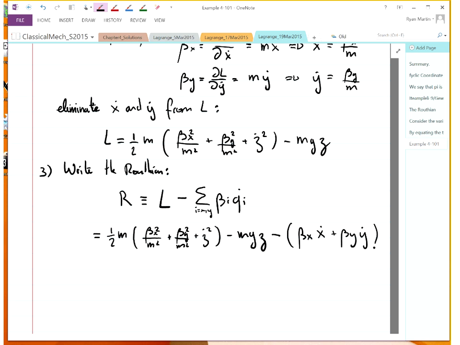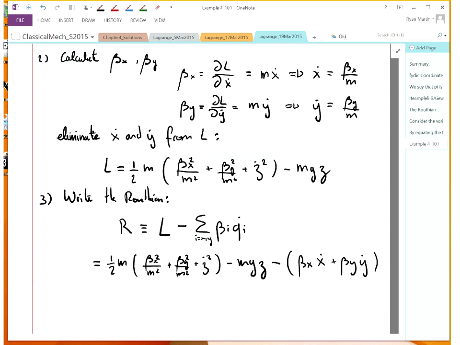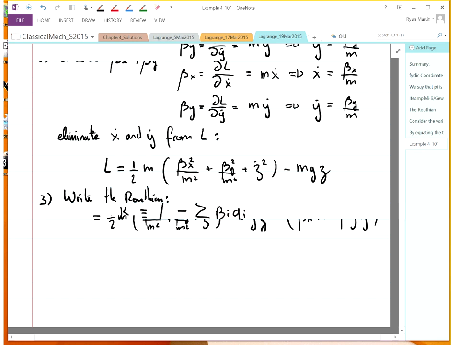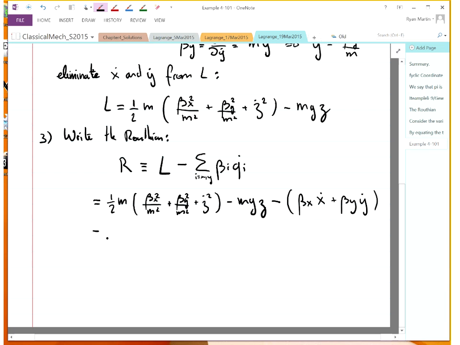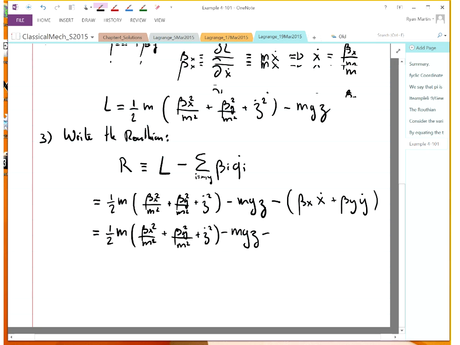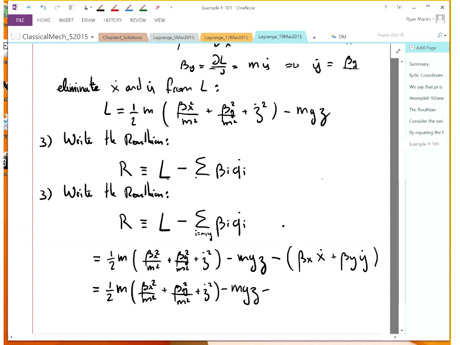But the Routhian has x dots and y dots in it, and we don't want x dots and y dots, we want to get rid of them. We just put them back in. But that's okay, because we know how to express them in terms of betas. So we have to do that again. So I'll write the first part again. So half m (beta x squared over m squared plus beta y squared over m squared plus z dot squared) minus mgz minus, so x dot is beta x over m, right?